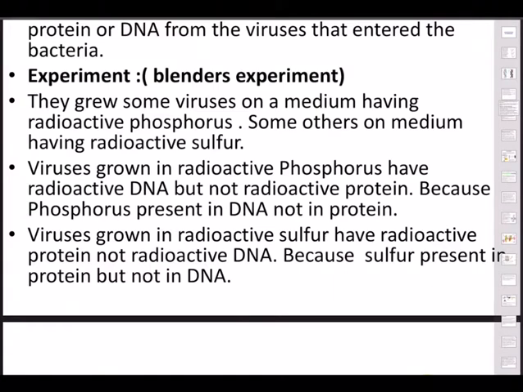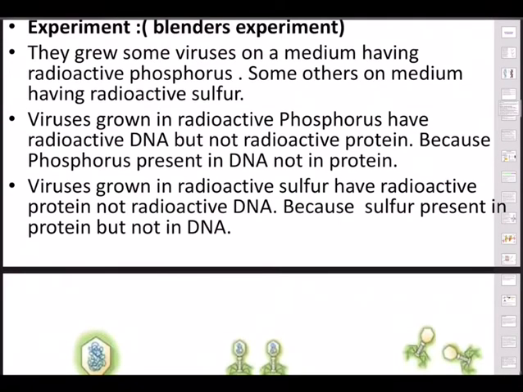a polynucleotide or any nucleotide consists of three things. That is sugar, phosphate, and nitrogenous bases. So phosphorus is part of the DNA. Hence the idea that Hershey and Chase got was that if we use, instead of normal phosphorus, radioactive phosphorus, it gives a glow and it's a heavy one.